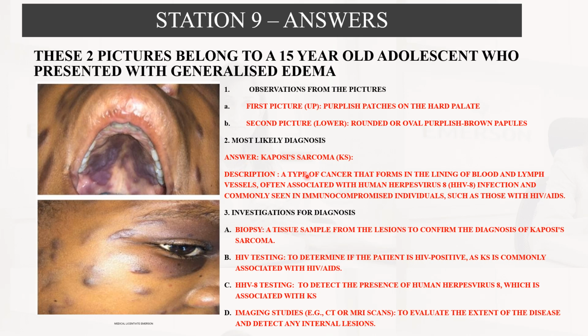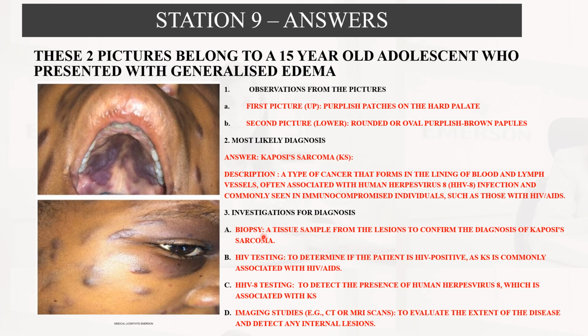So the description of Kaposi sarcoma is that it is a type of cancer that forms in the lining of blood and lymph vessels, often associated with human herpes virus type 8 (HHV8) infection, and commonly seen in immunocompromised individuals such as those with HIV/AIDS. So that's the introduction.